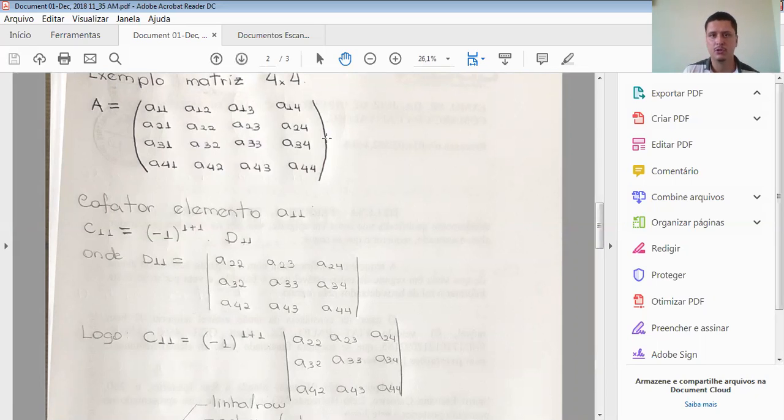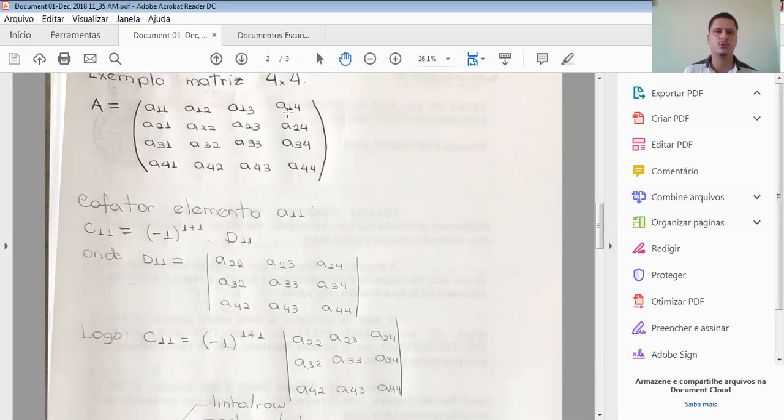So for example, choose a line. Let's say line 1. So the determinant is going to be A11 times its cofactor plus A12 times its cofactor plus A13 times its cofactor plus A14 times its cofactor.